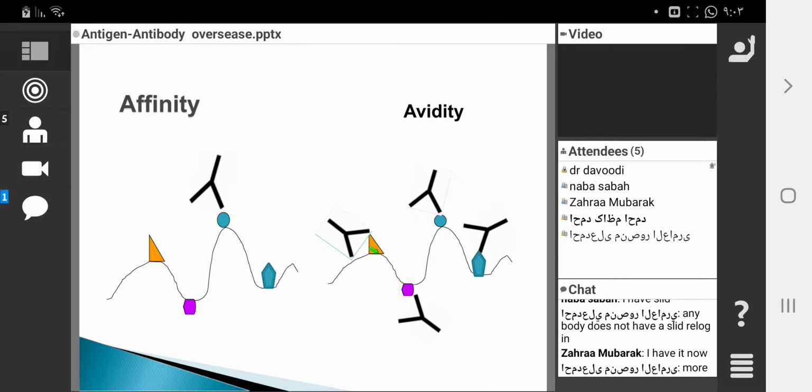Here, the total tendency of antigen and antibody is called avidity.